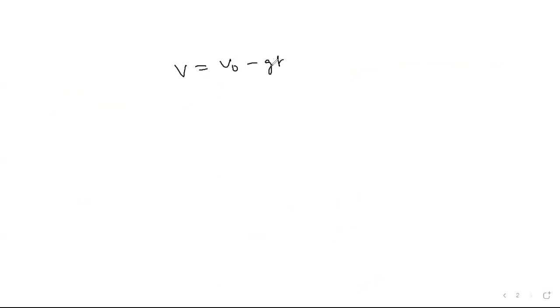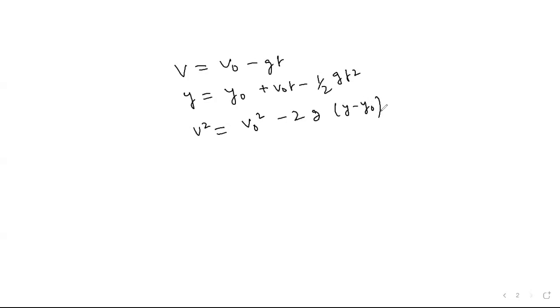So with these changes, these equations for free fall motion become: one, v is equal to v naught minus gt. Then y is equal to y naught plus v naught t minus half gt square. Then v square is equal to v naught square minus 2g times y minus y naught.